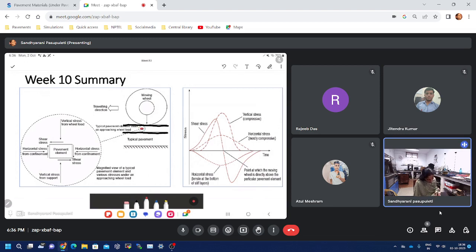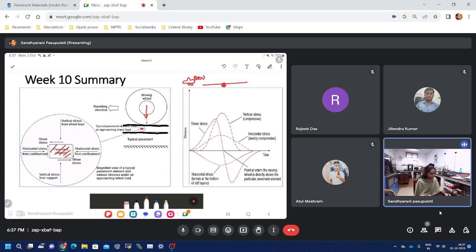There is a wheel load on the top of that small element. Let us say the element is here and the car is here, coming with 30 kmph and applying a load of 80 kilonewtons.